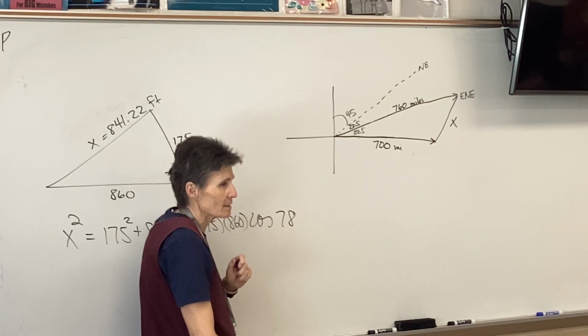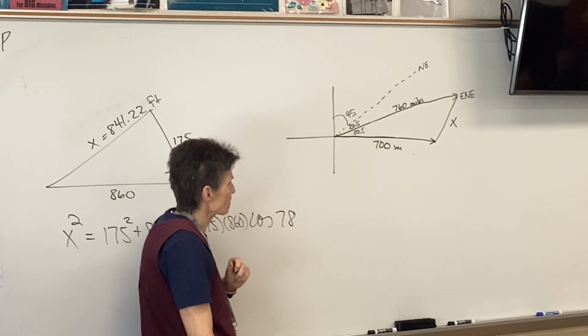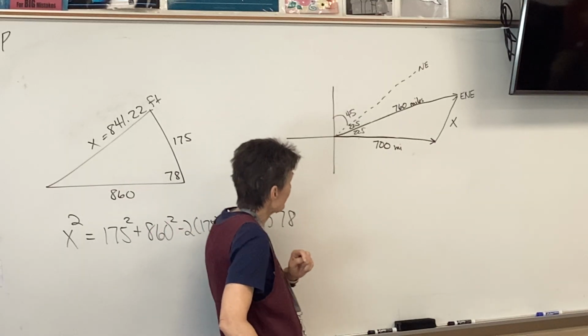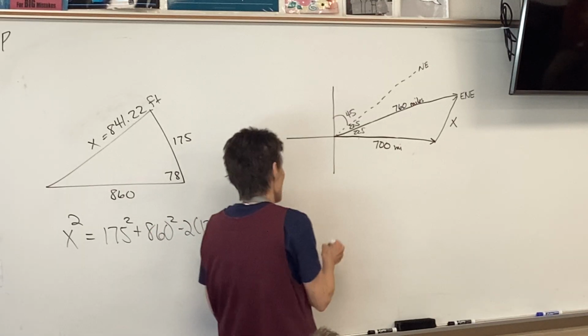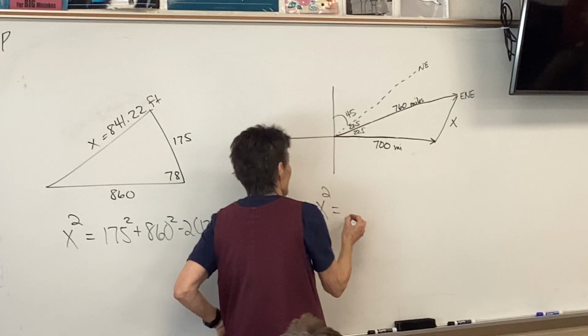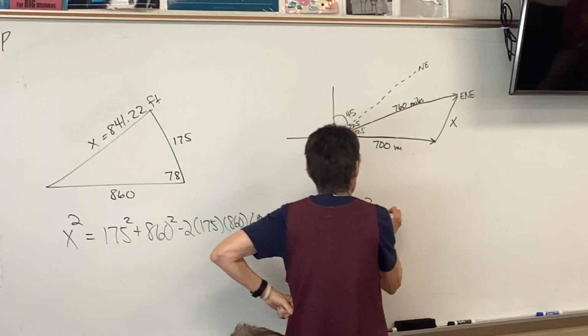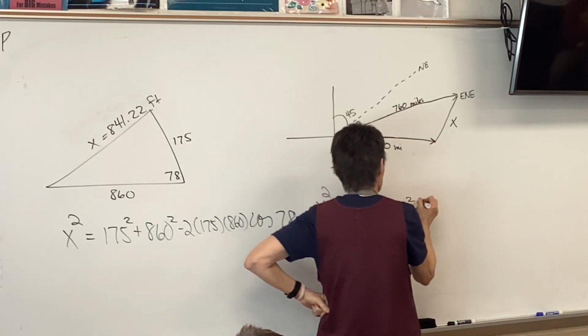Remember our compass stuff? So I've got that triangle right there. All cosines, here we go. X squared equals 700 squared plus 760 squared, minus 2 times 700 times 760 times cosine 22.5.